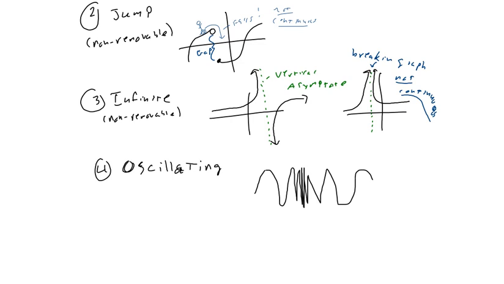But this oscillation is where, if we try to find what the graph is approaching at this spot here, you don't know what it's reaching at this point because it's going up and down so quickly, it's hard to nail down.